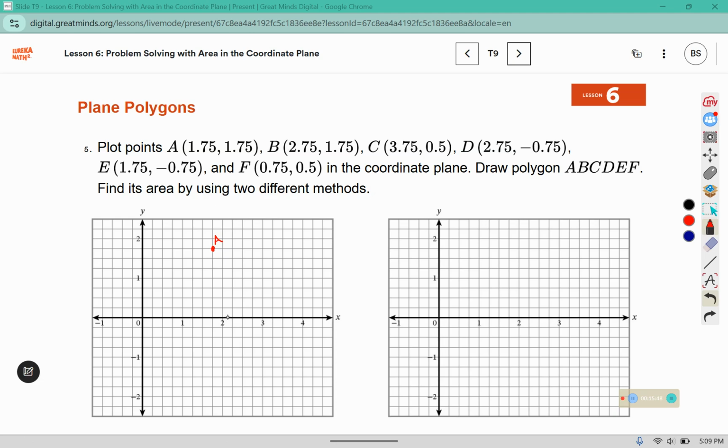B is 2 3/4 and 1 3/4 up. C is 3 3/4 and 2 quarters or a half up. D is 2 3/4 and down 3/4. E is 1 3/4 and down 3/4. F is 3/4 and 2 quarters.